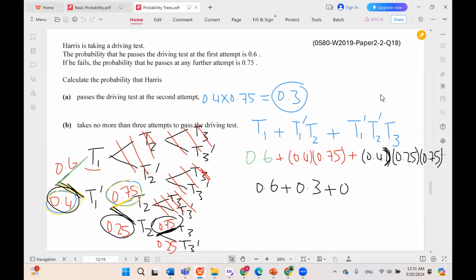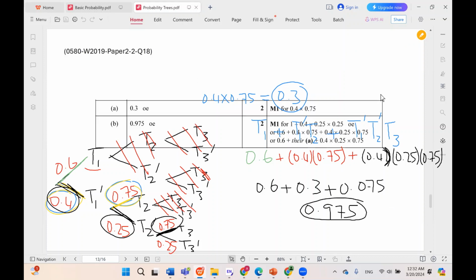This gives us 0.075. So therefore, the answer would be 0.975. This would be the final probability here. 0.3 is correct, and 0.975 is also correct.